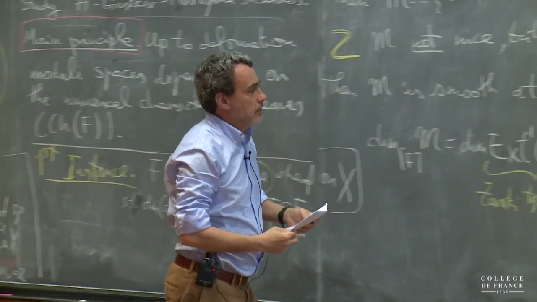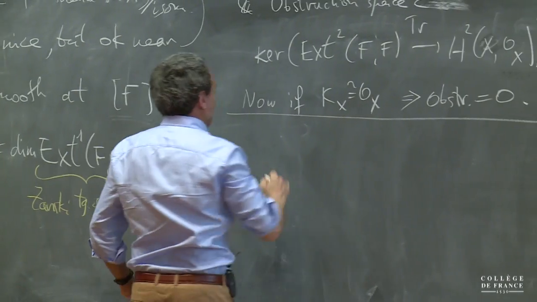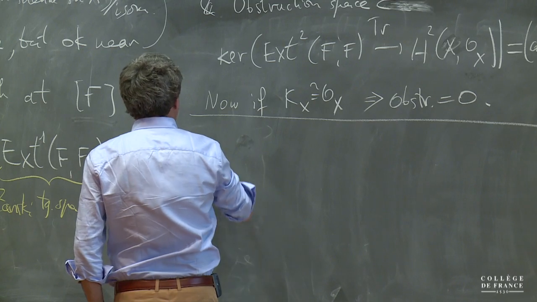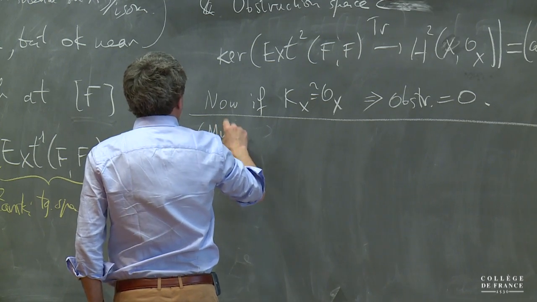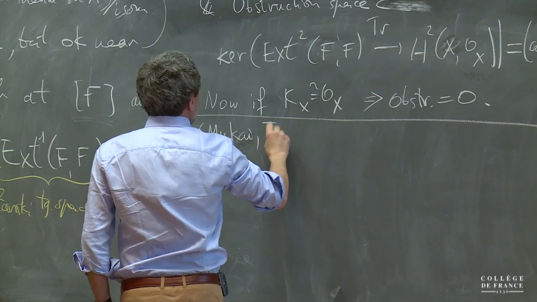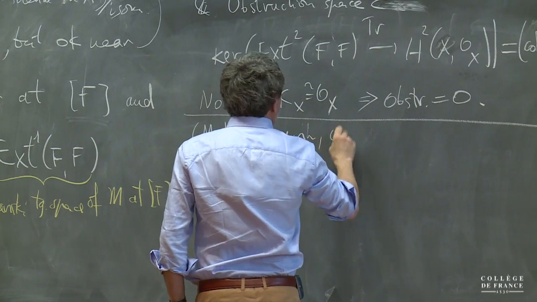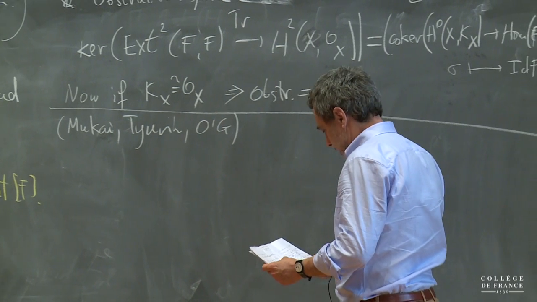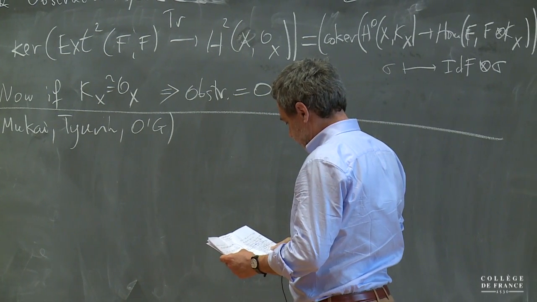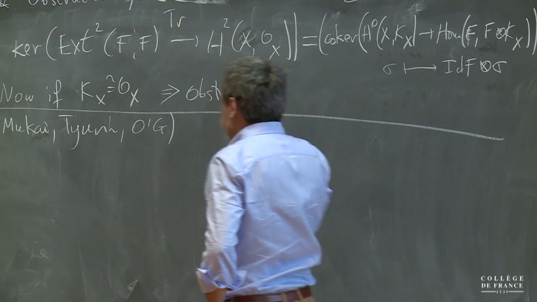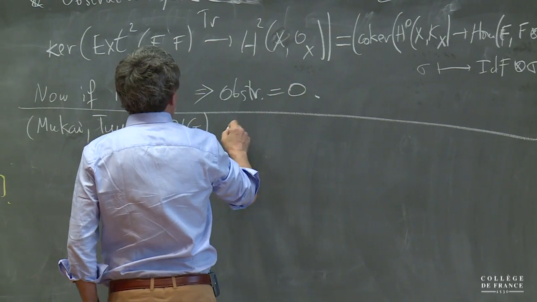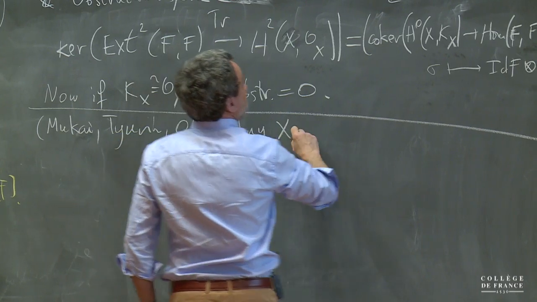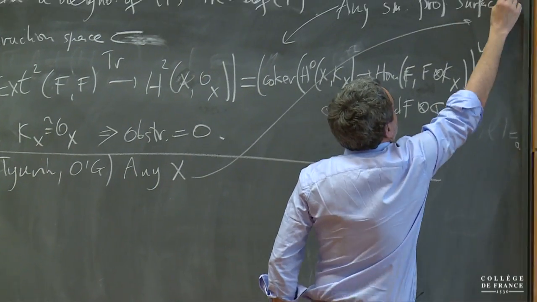But then there is an important fact. Maybe I can put my name here also, at least to check some things. So this again, any X as above, for the moment.